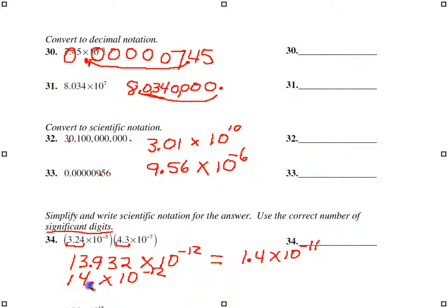So I have to move the decimal over 1. In so doing, I have to add a positive power of 1 here. So my final answer then becomes 1.4 times 10 to the negative 11, because I'm adding one positive power there.